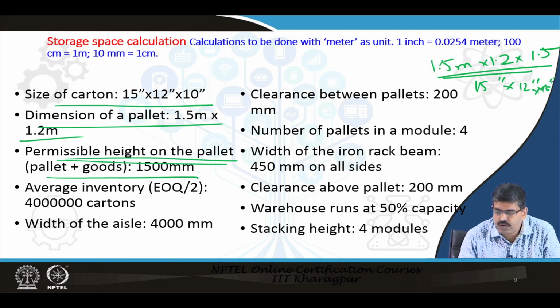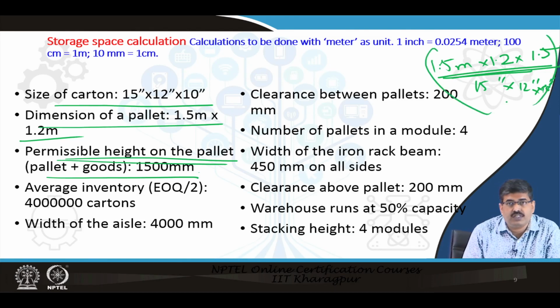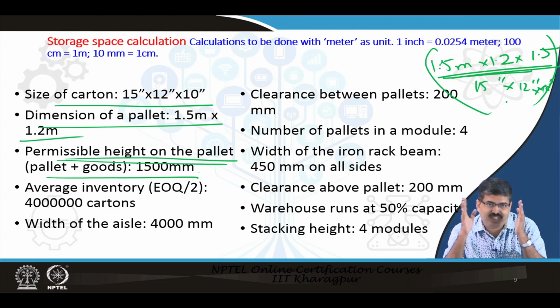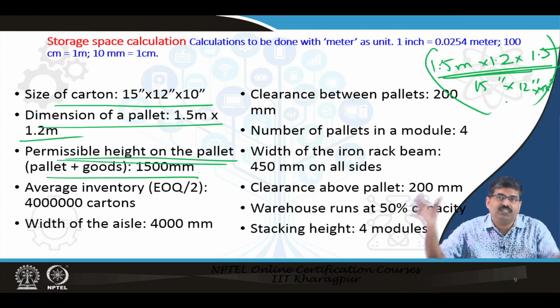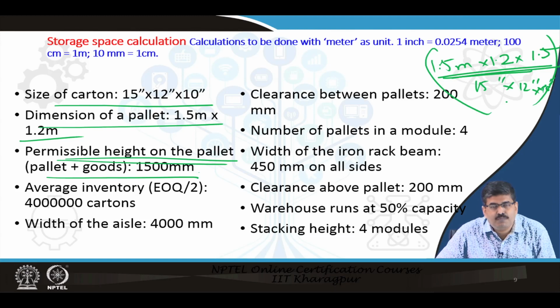So, this is the total number of cartons that can go in one pallet. If it is in decimals, what will you do? Reduce it, not increase, because dimension has to be straight. You cannot have a bulging out number of cartons in a pallet. Then it will hit while it is moving.